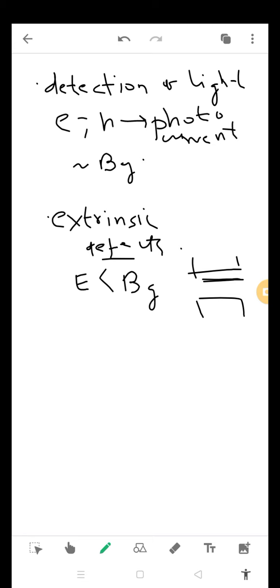And when they absorb photons, transition of electrons between these energy levels takes place, and that actually leads to light emission or absorption.